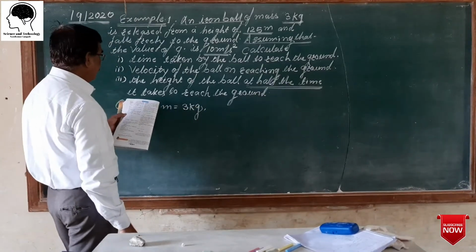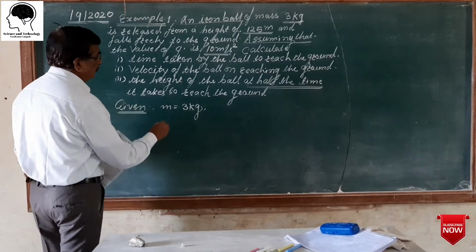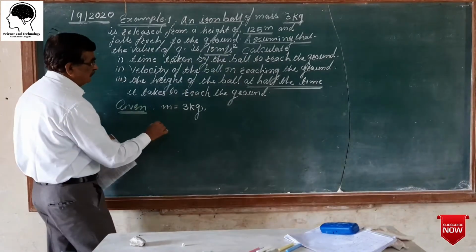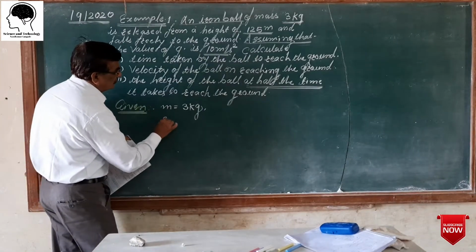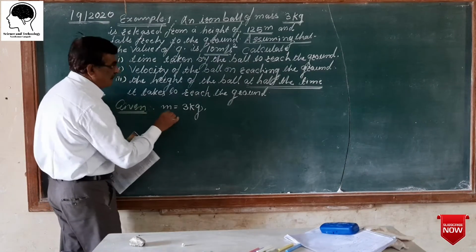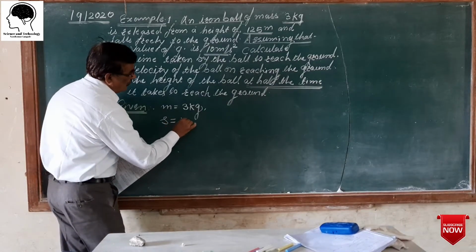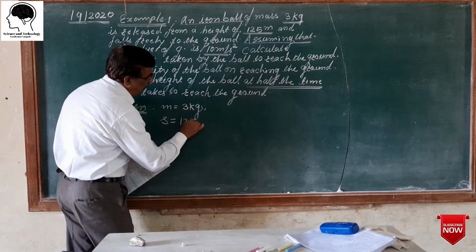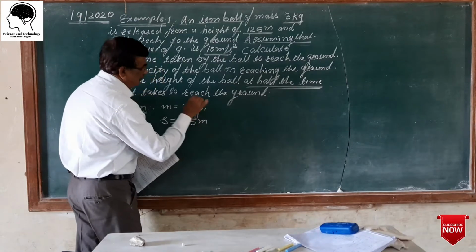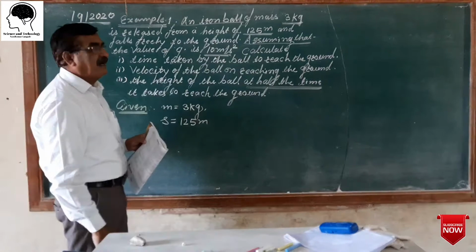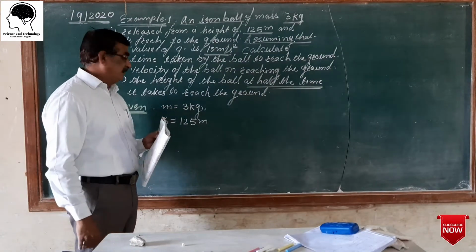Then the distance traveled by the ball from a certain height. Distance is symbolized by S, and it is 125 meters. It is the height from which that ball is released.